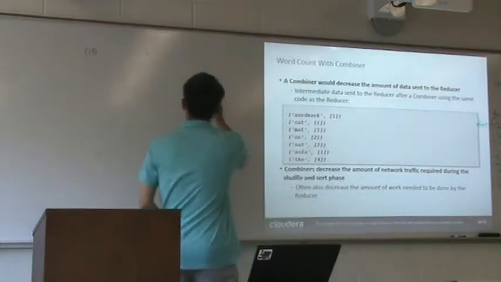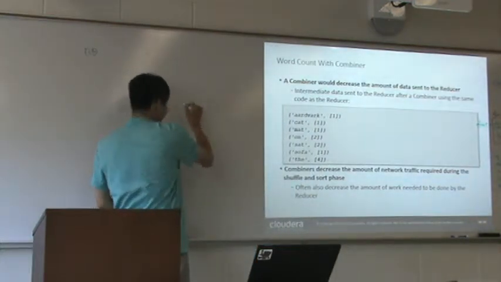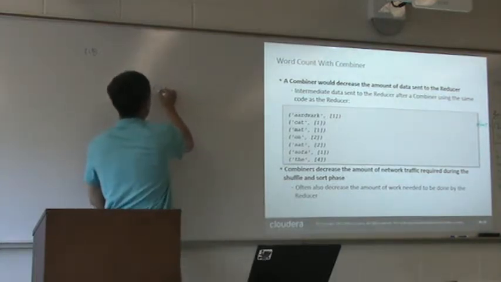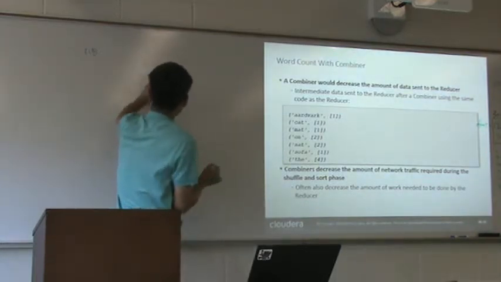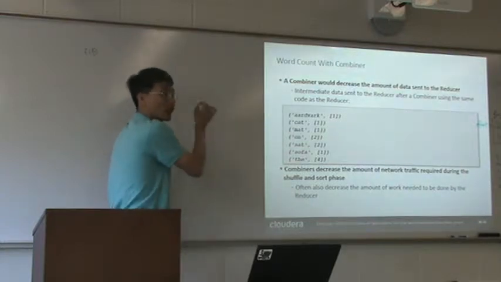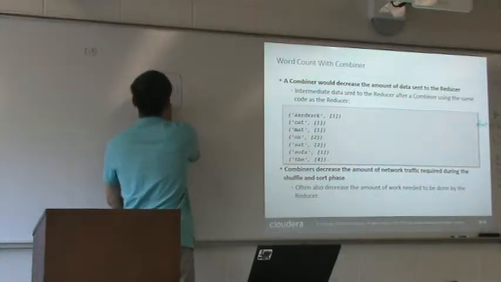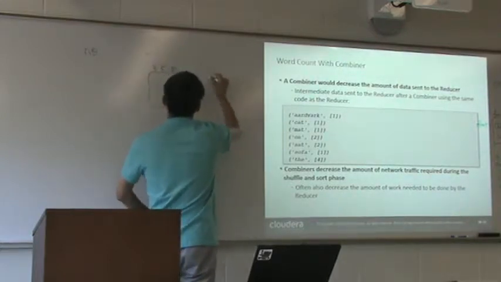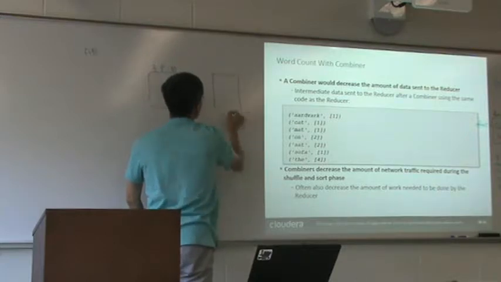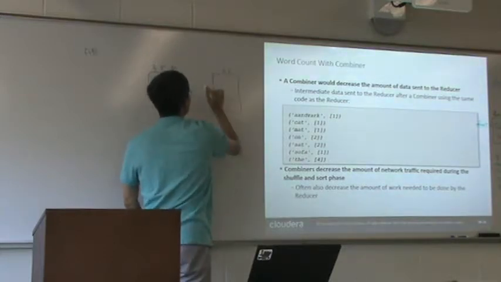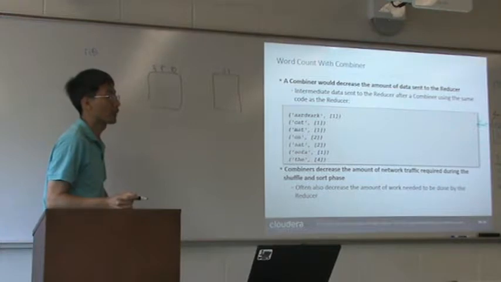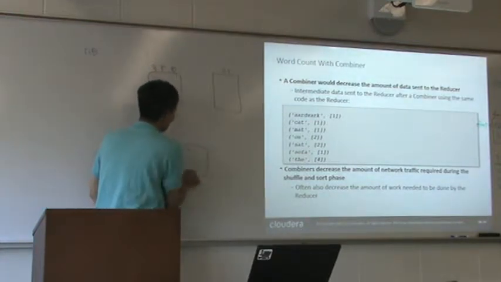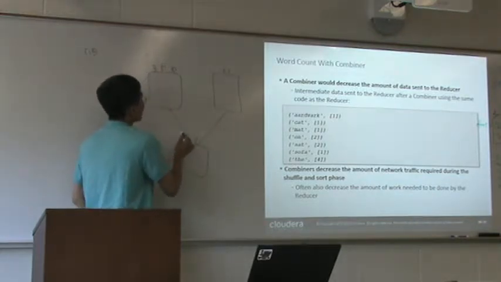So for example, T1, so A. I will ignore the key, only the value from node 1. So you have such a value. Without the combiner, the reducer will receive all the values.